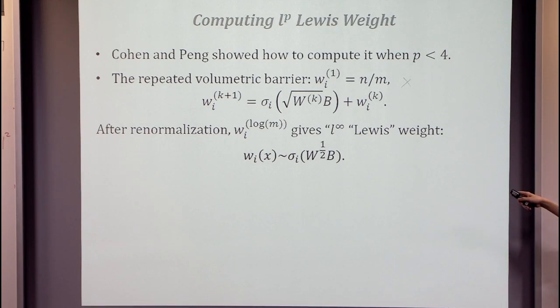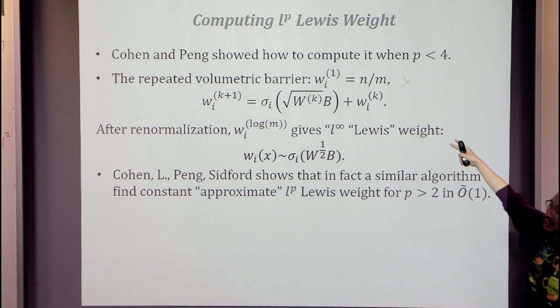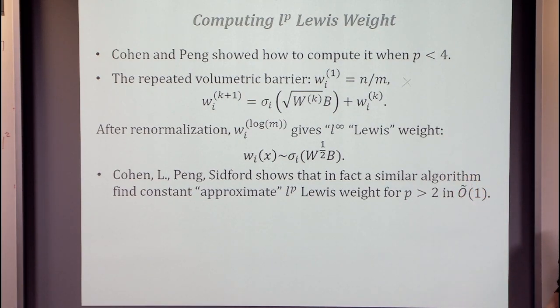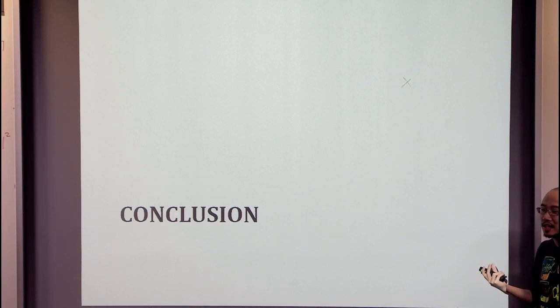Or you can say the W gives you the John ellipsoid. And recently, we together showed that you can extend that formula to p greater than 2. So now for any p, we can find the Lewis weight. And this is the reason why our barrier function is computable, because we can compute those weights.